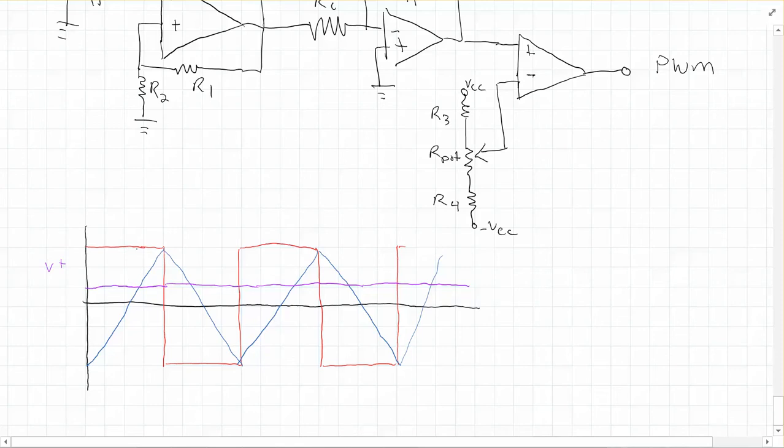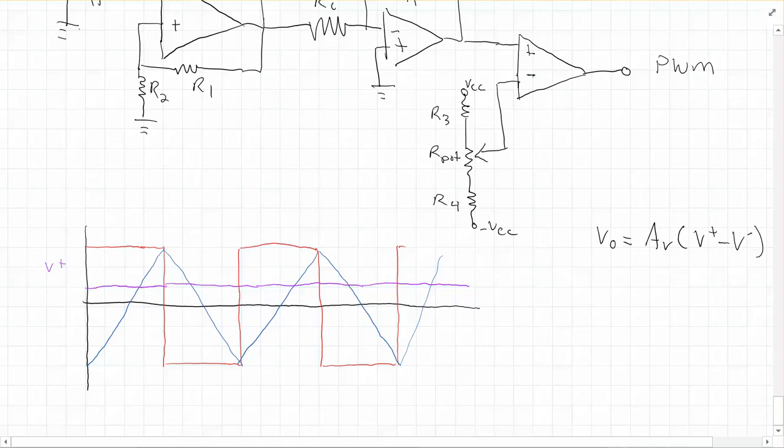Okay, so then I'm going to put it in a thicker green line here. What we have to do is compare the purple line and the blue line. The triangle wave's coming in on the positive terminal, and remember that V out is your large signal voltage gain times V plus minus V minus. If we look at the beginning, the purple is V minus.